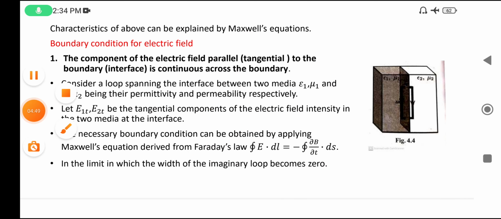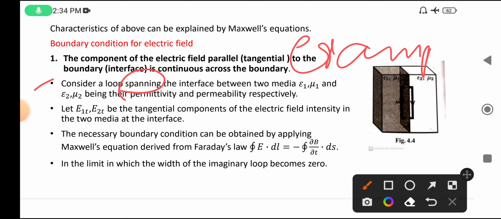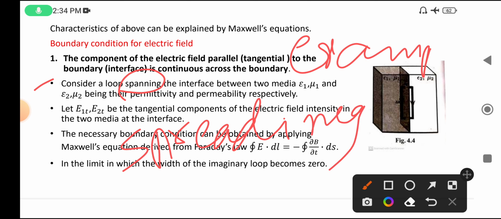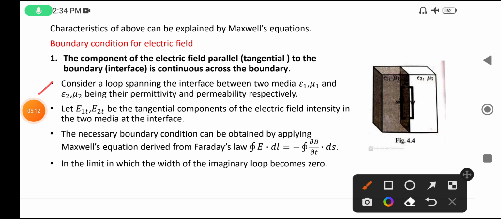Okay, let me start the lesson. Consider a loop spanning the interface between two media.